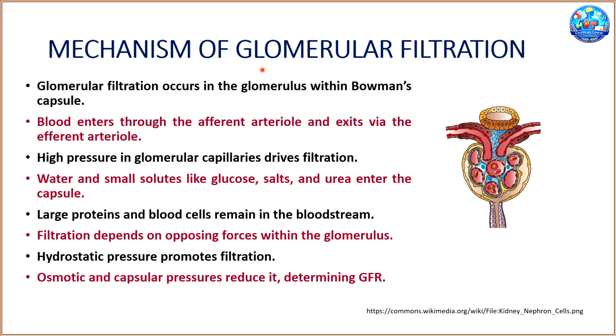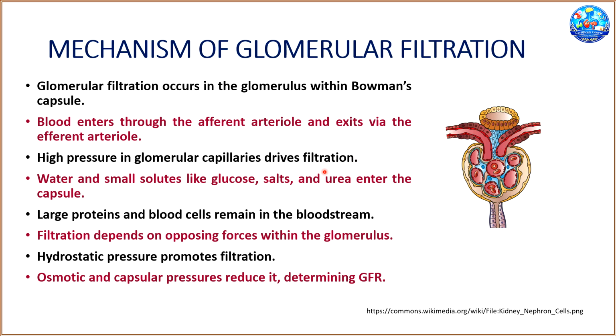Let us understand the mechanism of glomerular filtration. Glomerular filtration basically occurs in the glomerulus within the Bowman's capsule. The glomerulus is nothing but a bunch of capillaries which exits via the efferent arteriole.